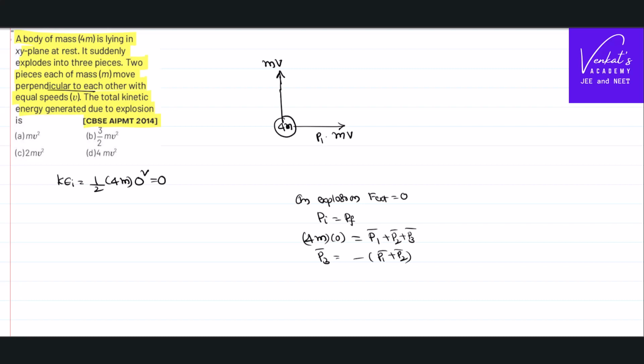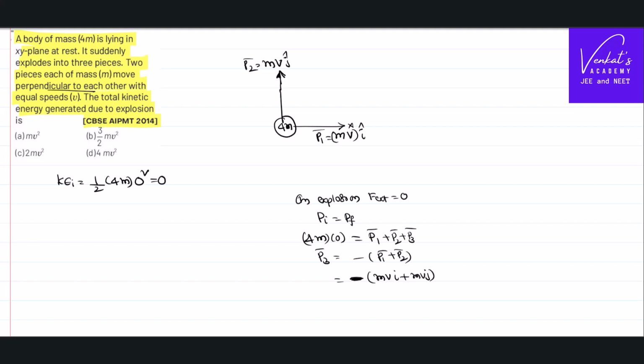P1 is m1 v1, and P1 bar is along i cap because it is the x-axis. P2 bar is along j cap because it is the y-axis. So minus of P1, which means mv i cap, and P2, which means mv j cap.